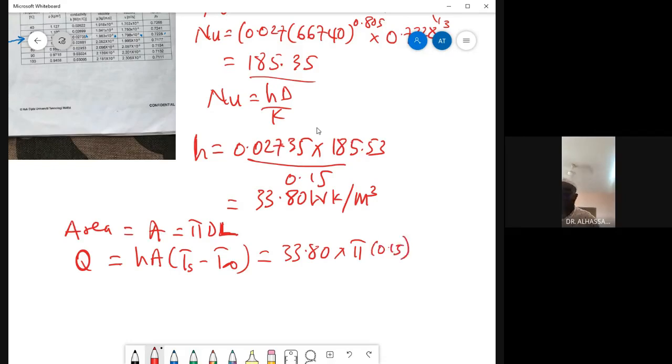The length is not known. Then we have in brackets 95 minus 5 degrees, and I'll divide the whole of this by L. So this gives us the heat transfer per unit length.